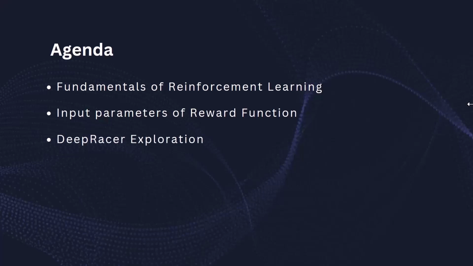After this, I will show you the DeepRacer exploration website and how to compare and choose between different reward functions according to your needs. Lastly, we will take a demo on how to train a model on the student DeepRacer website and participate in the DeepRacer student community race organized by IIT Madras. So let's get started.